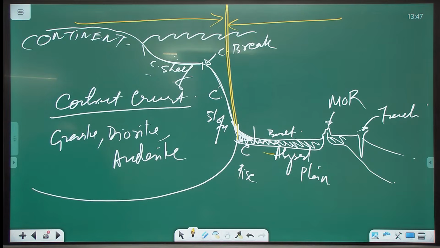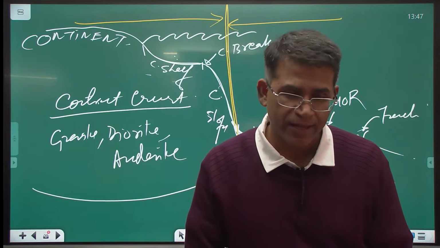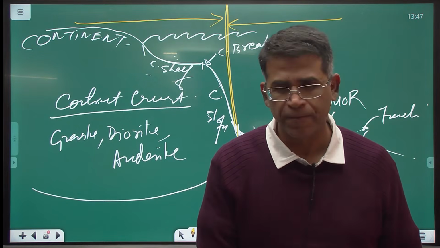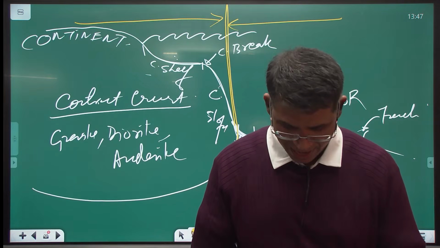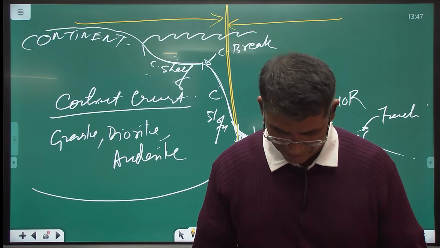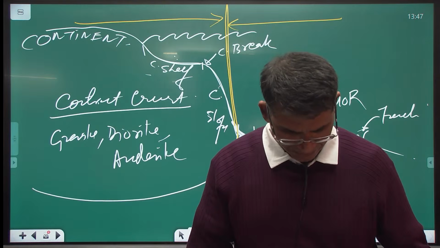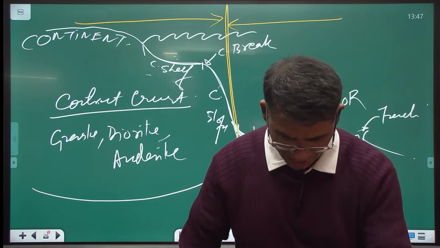Write down. The continental shelf and the continental slope as ocean margins, the shelf and the slope as ocean margins are structurally, in terms of rocks, structurally continental crust.